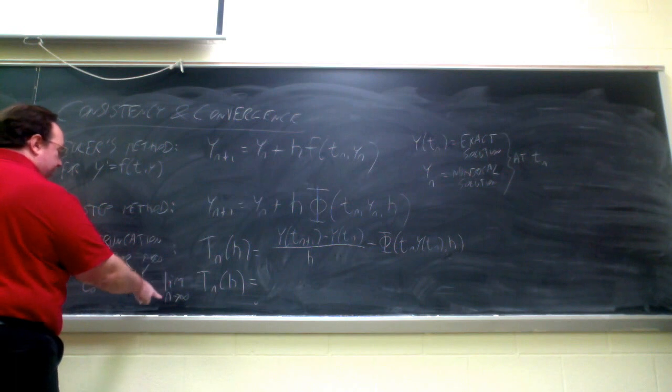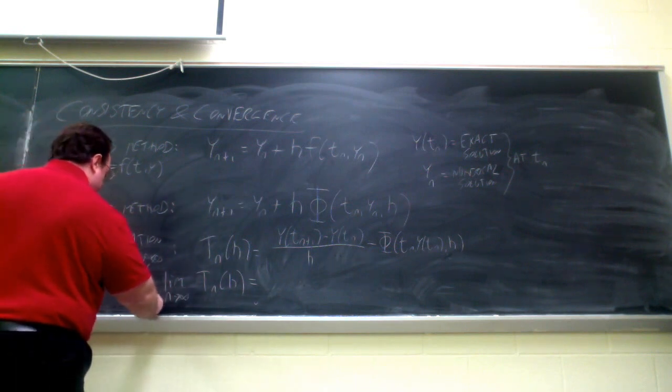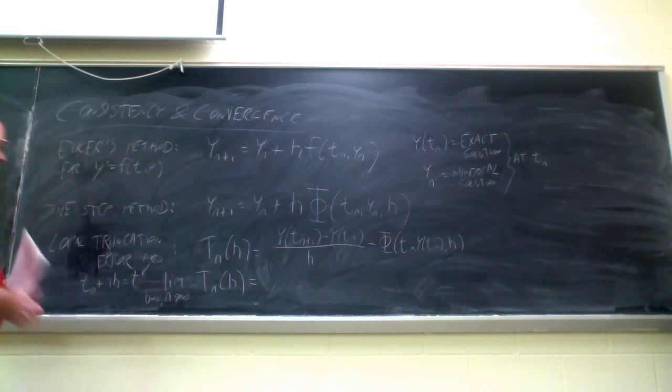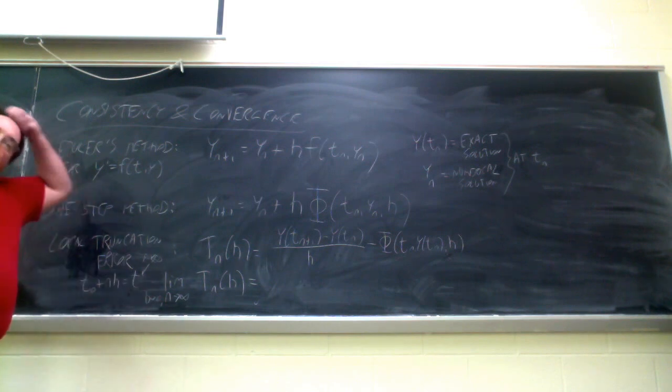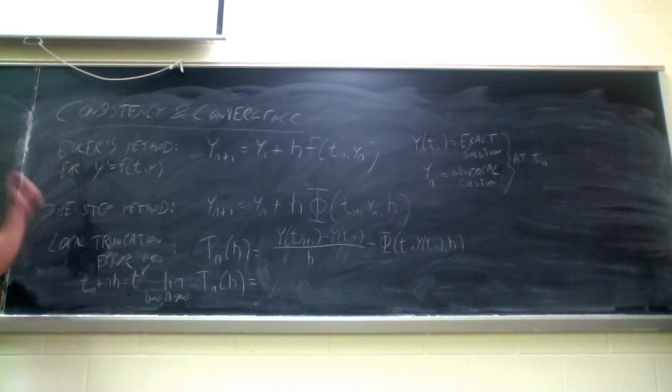So in other words, n is going to infinity, but h is going to 0 in such a way that the product n times h is constant.